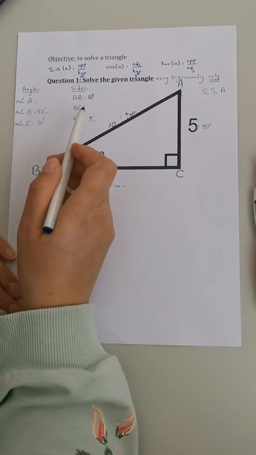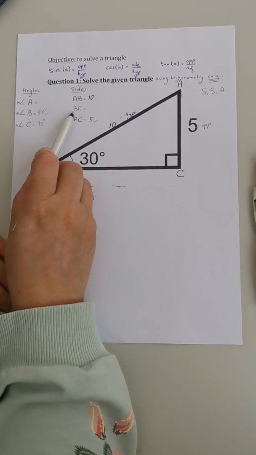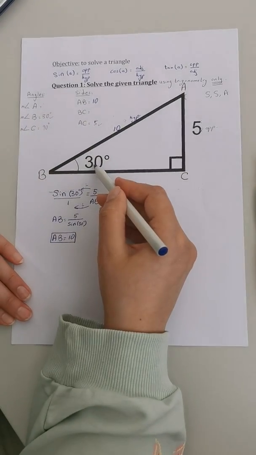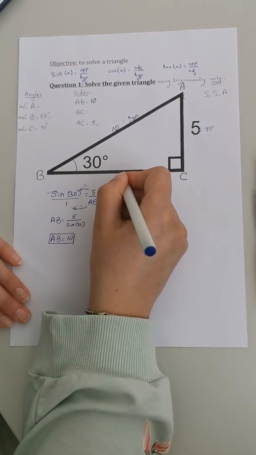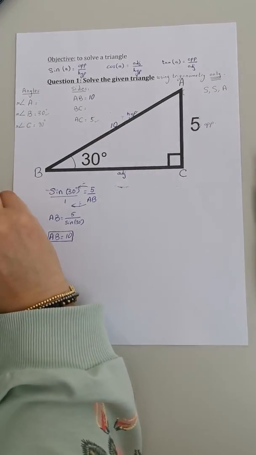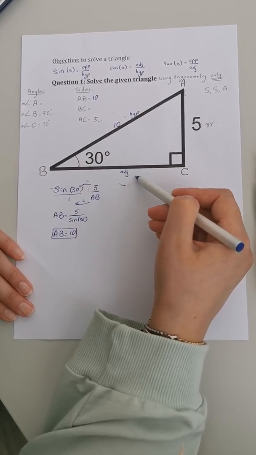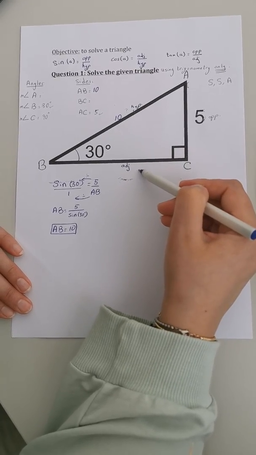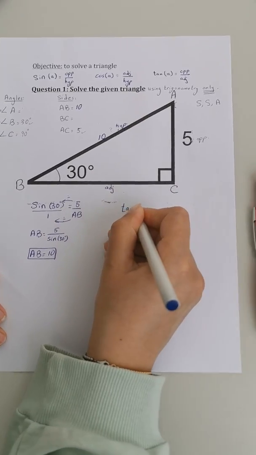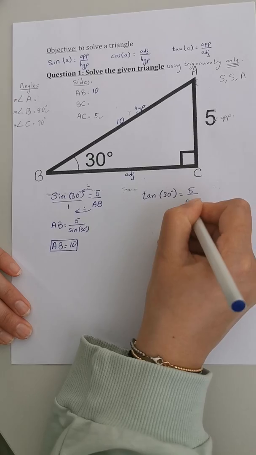Then I have to find one more side and one more angle. I'm not going to use the Pythagorean theorem to find BC. I'm going to use trigonometric ratios. With respect to the angle 30, BC is the adjacent and the opposite is given. I have the choice to use the hypotenuse, but I'm going to use 5 and the adjacent. Opposite and adjacent means that I'm going to use tangent. So tan 30 equals 5 over BC.